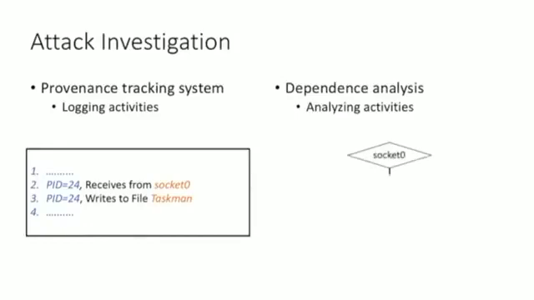The left-hand side shows two log entries, and the right-hand side shows the graph generated from the two log entries. As we can see, process 24 reads some information from a socket and then writes to a local file, taskman. There is an information flow from the socket to the process and then to the file.